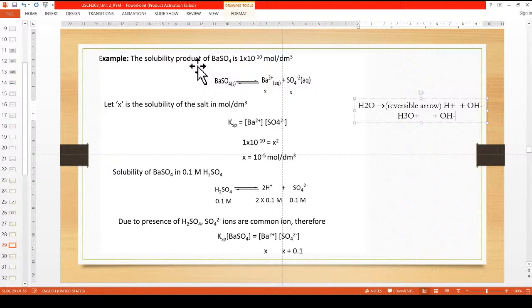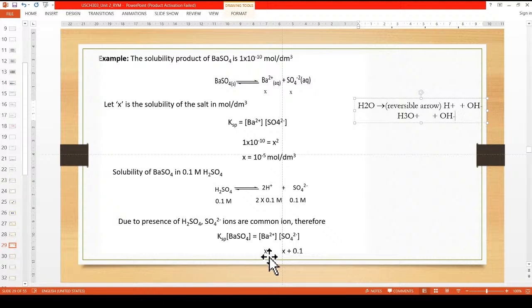Whereas in the case of H2SO4, when H2SO4 is taken as the solvent for this precipitation reaction, then for BaSO4 you have the sulfate ion, and H2SO4 will dissociate as twice H plus plus SO4 2 minus. So for 1 mole of H2SO4, you have 1 mole of SO4 2 minus ions and 2 moles of H plus ions.